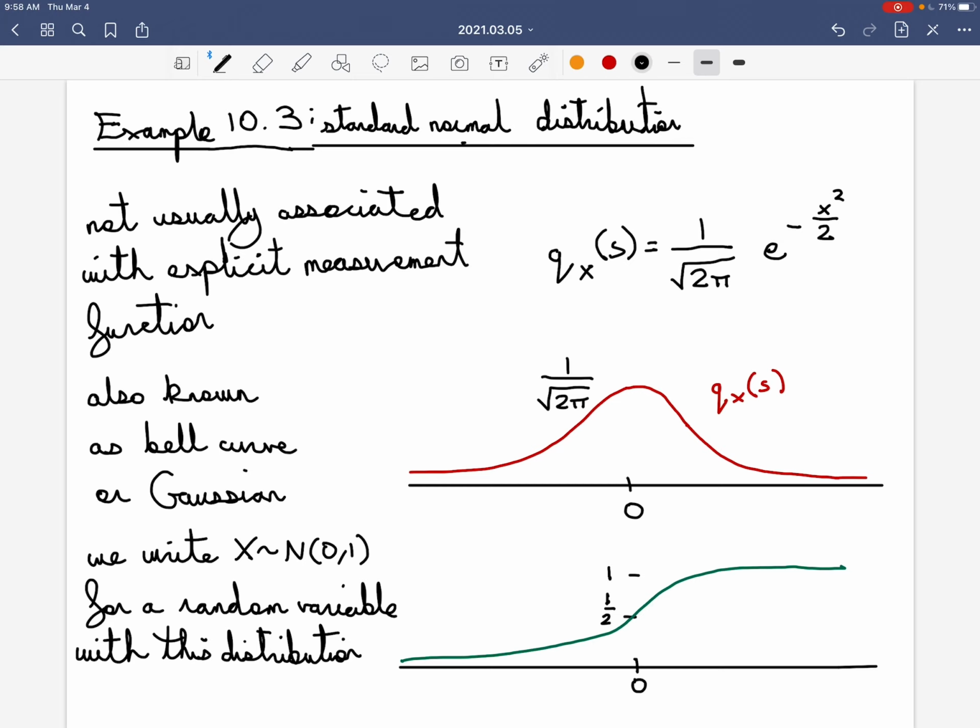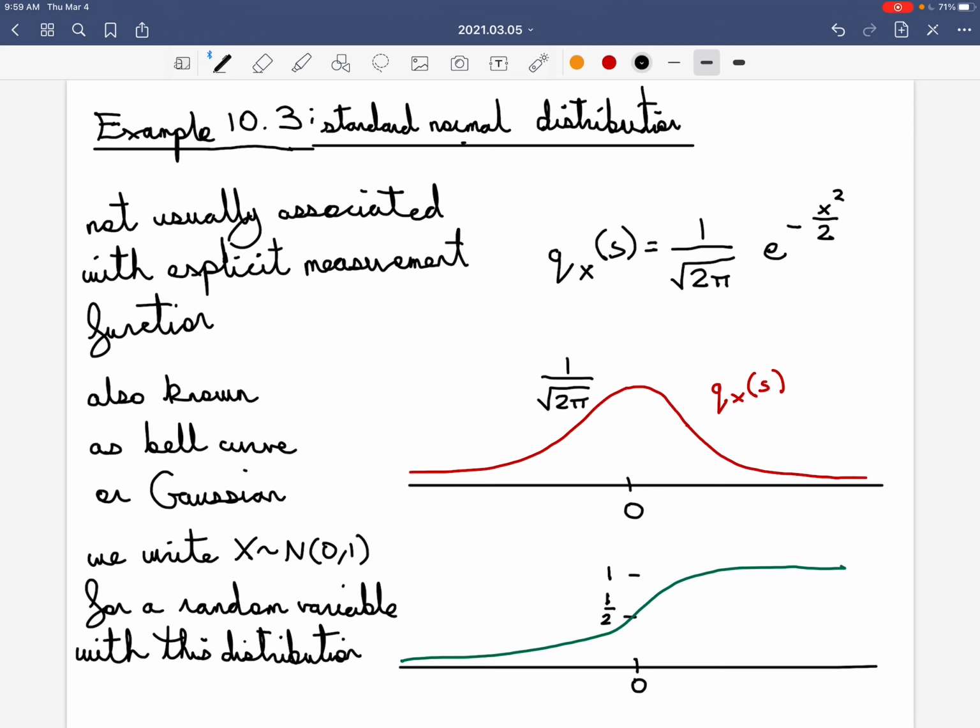But in order to really go through in detail how to think of an explicit measurement function for the standard normal, I would have to introduce a lot of theory that is not relevant to the more problem-solving oriented aspect of this course.